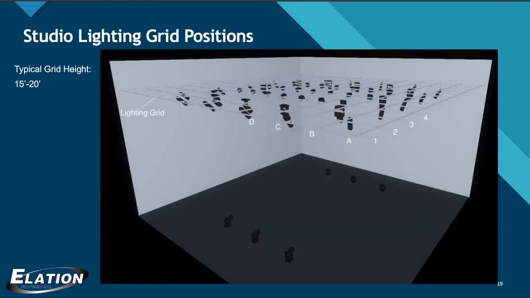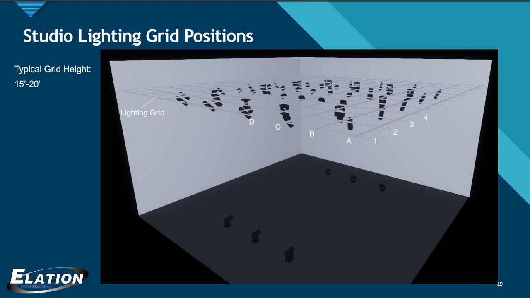Next, we have a studio lighting grid. Typical grid height in a studio is going to be 15 to 20 feet. These lighting grids are also common in black box theaters or black box performance spaces, as they offer a lot of flexibility. In these systems, we're going to label the pipes similarly to how we would label a chessboard.